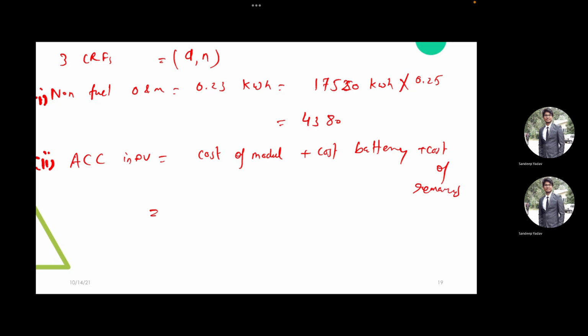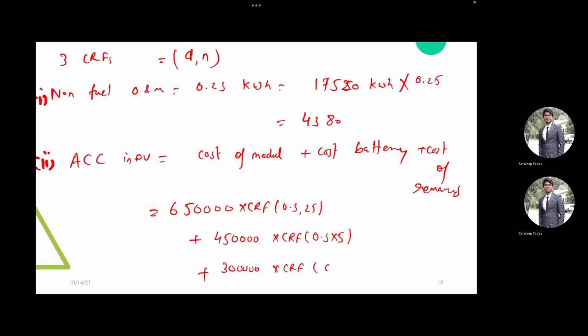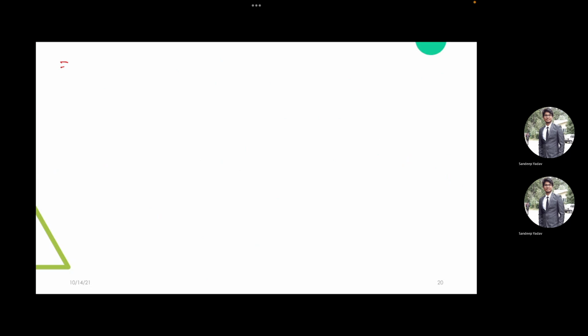Here cost of module is 6,50,000 multiplied by CRF for 0.3 and 25 years, plus 4,50,000 into CRF of 0.3 and 5 years, plus 3 lakhs into CRF of 0.3 and 10 years.